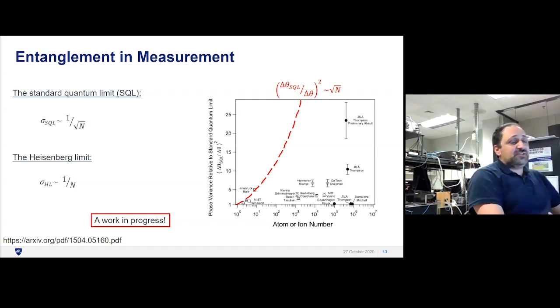And so this really is the challenge of the current day. How can you utilize entanglement to improve our uncertainty in measurement? And no one's quite figured this out, except for 10 atoms.